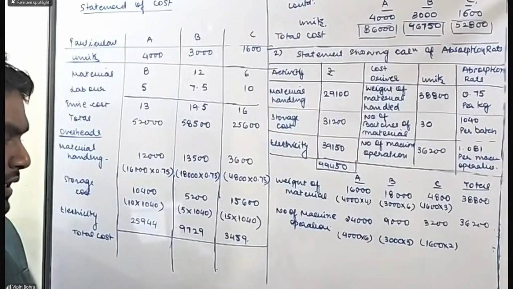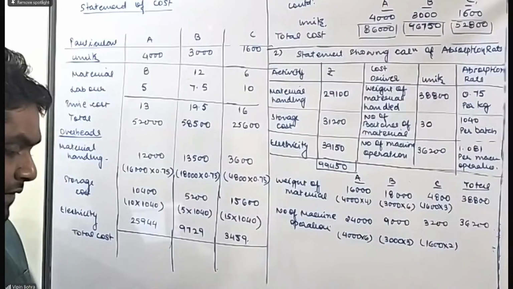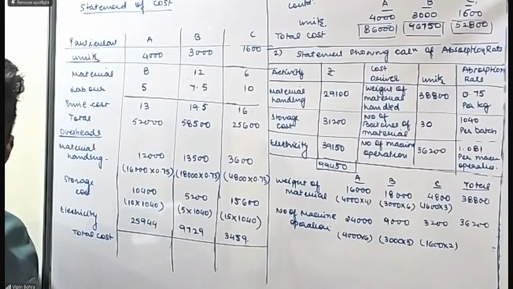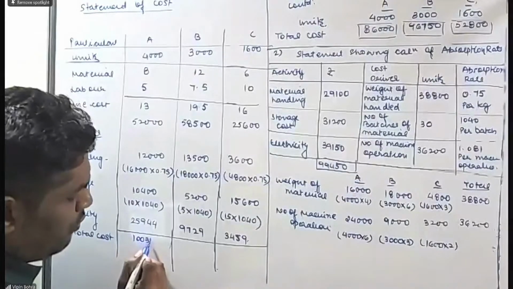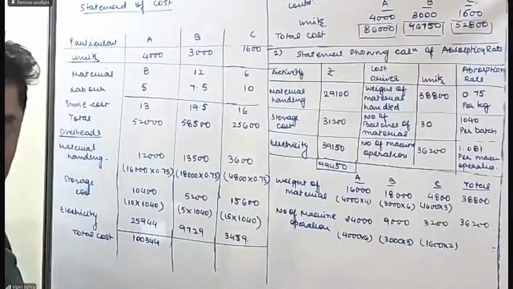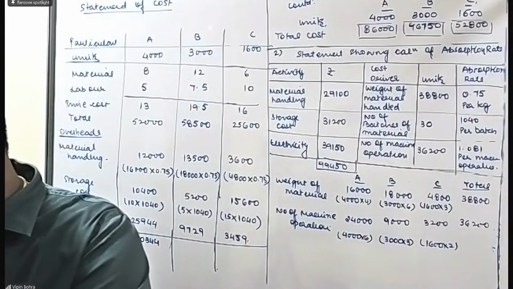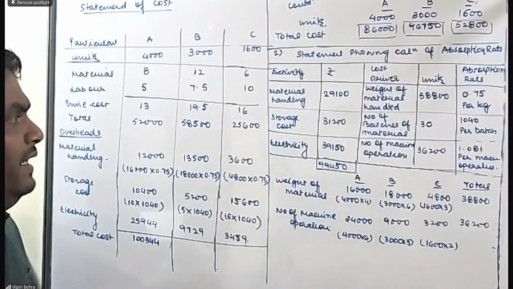Overheads are 12,000, 10,400, and 25,944. So it is 1,00,344 for A. I have taken the round figure.